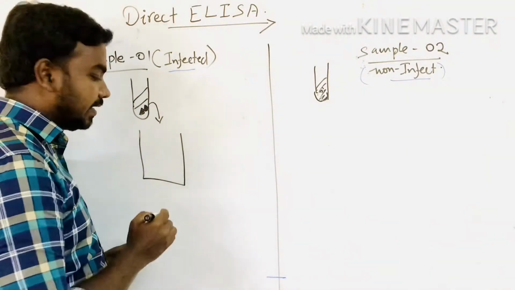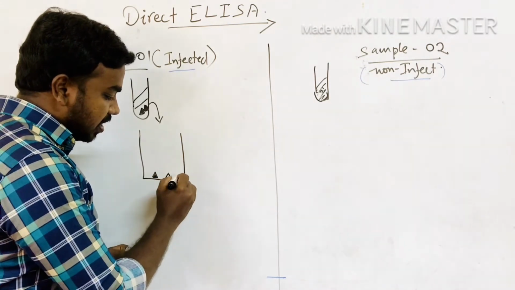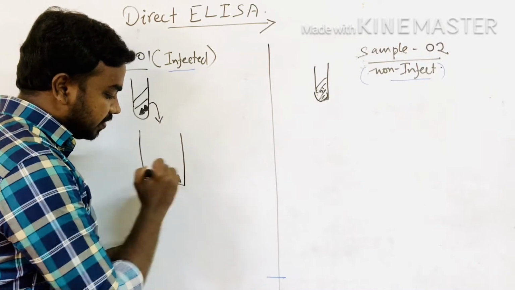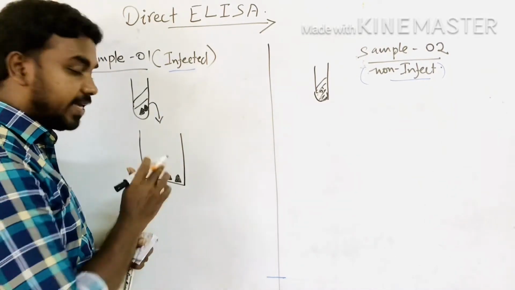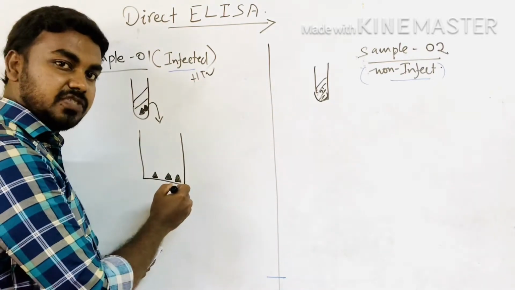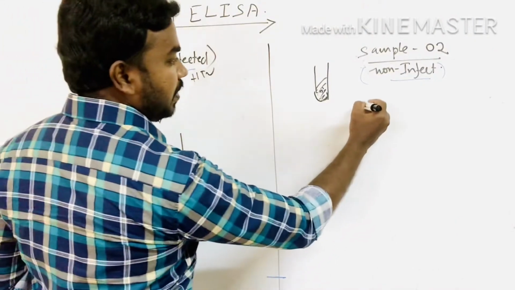Now we know in direct ELISA the microtiter plates are coated with a specific antigen. If it is HIV, the HIV antigens will be coated here. So these plates are very common.